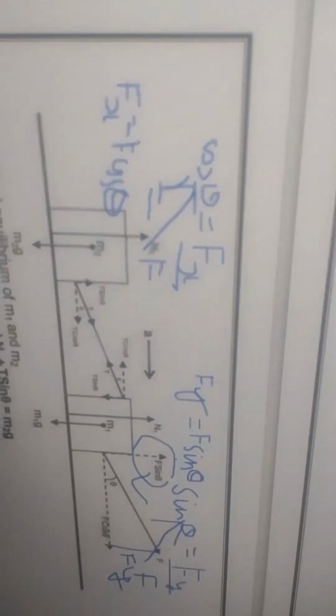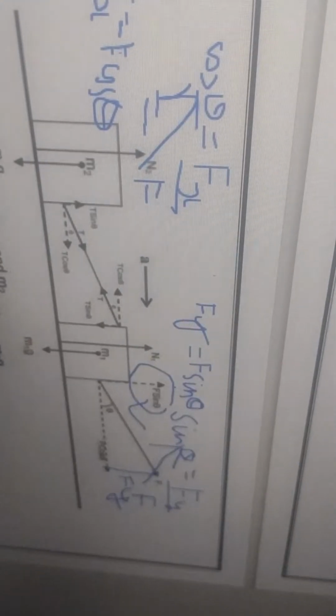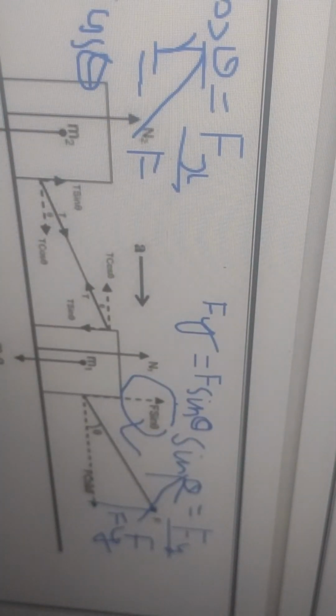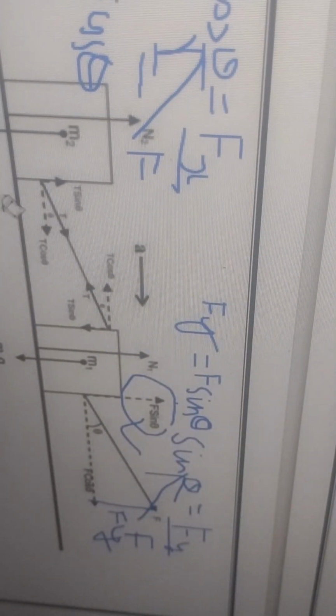So this is the exact diagram of it. You can see here that there is an inclined string, and here also the force is applied in the inclined direction. So how do we make these equations in the x-axis and in the y-axis?